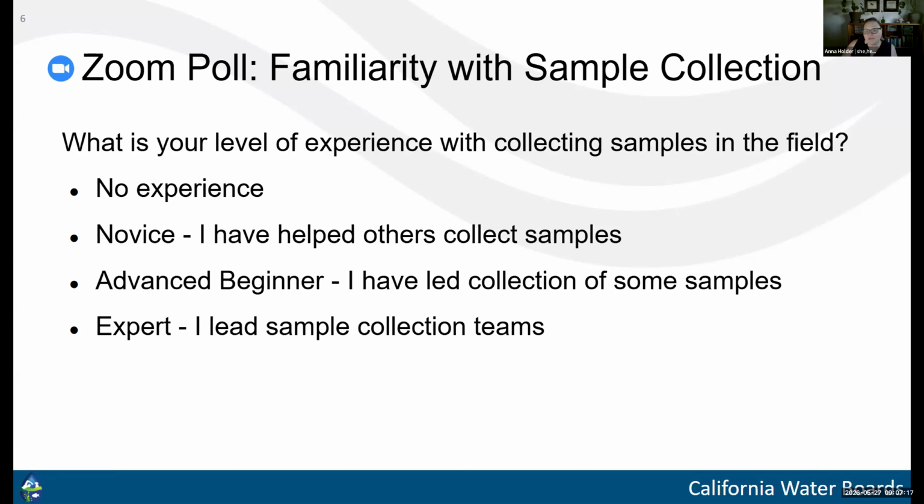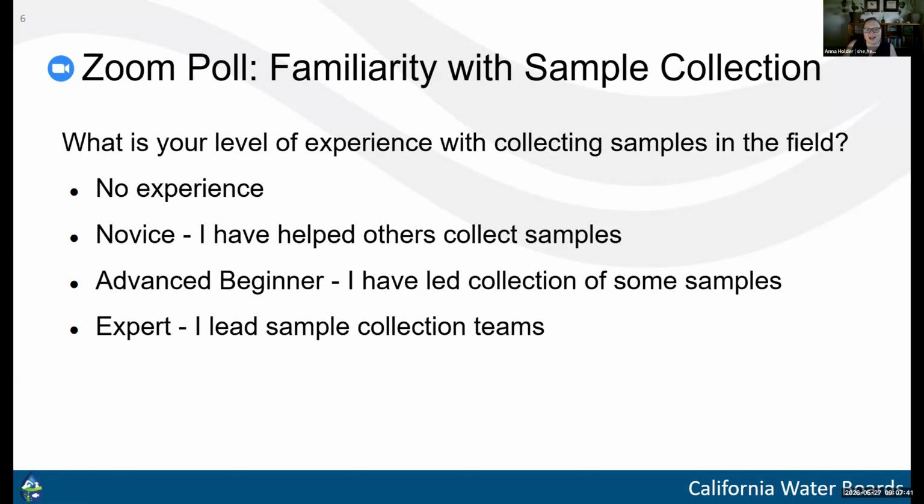So for the folks that are with us live today, we've got 44% say they have no experience with collecting samples in the field. Fantastic. We're so glad we're able to help you all get started and comfortable with doing that in the future. One person says they're a novice, so they've maybe collected some samples.